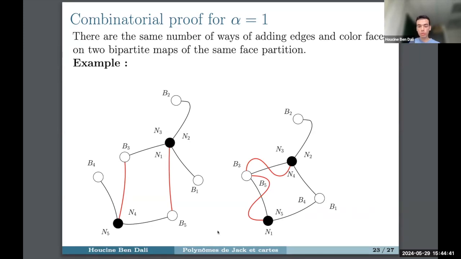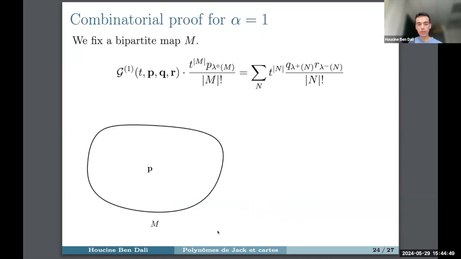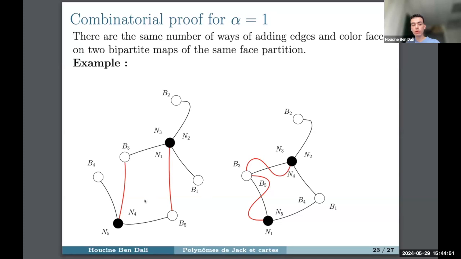Once we have this, it's not very hard to check that the two obtained maps have the same face degrees, and in particular we have the same ways of coloring faces. If I color this face with plus, we have exactly the same face here to color with plus. So the conclusion of all this is that acting on the star map is exactly the same thing as acting on any other map with the same face partition.